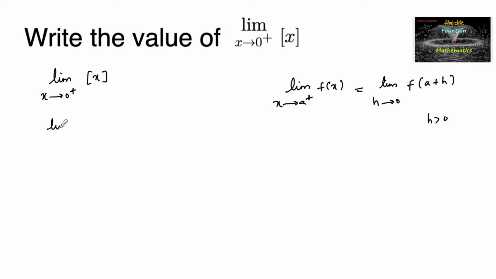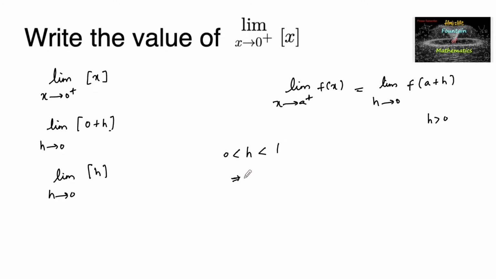So we can write here limit h tends to 0 step of 0 plus h, and h is positive. So we can give limit h tends to 0 step of h where h lies between 0 and 1.